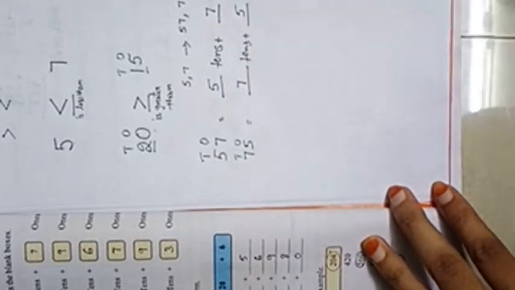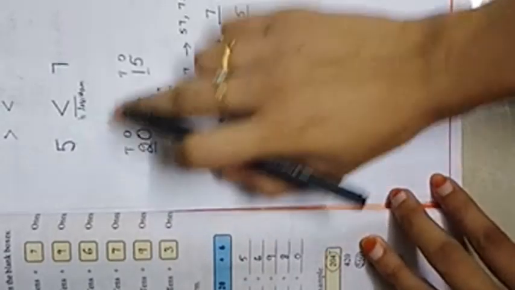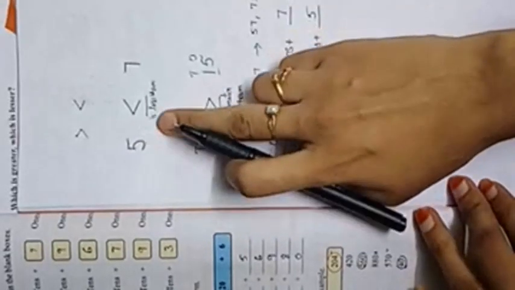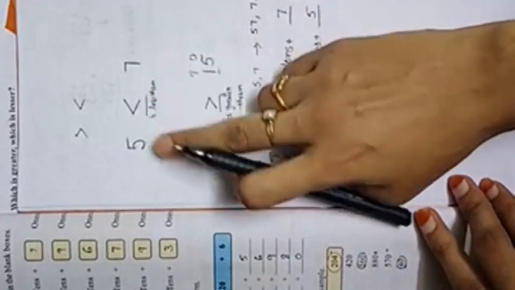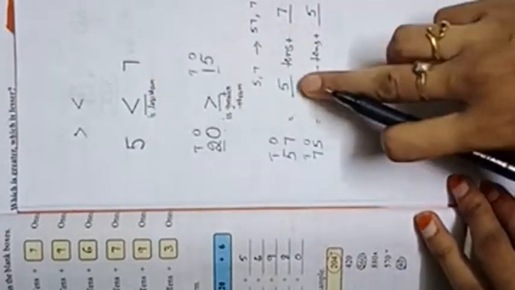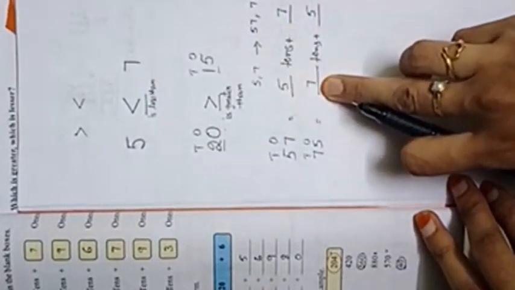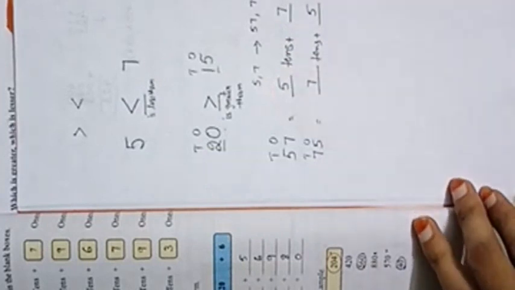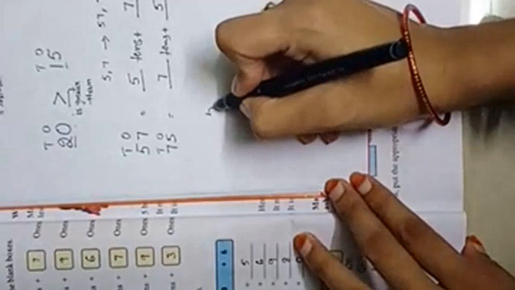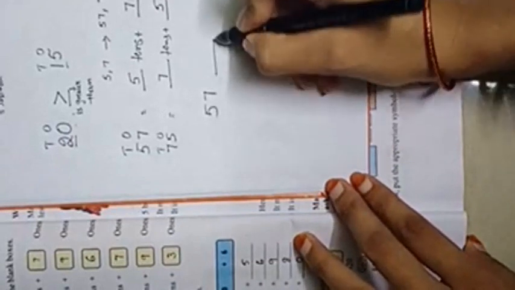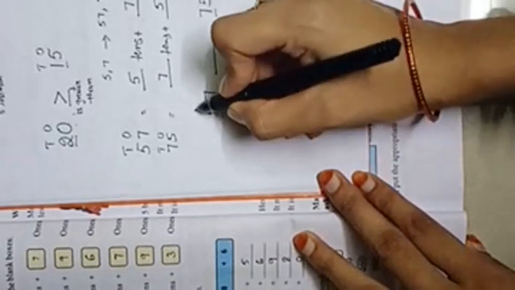Just now I explained this, look at this example. 5 is less than 7. So observe the tens place numbers carefully. Here I am writing 57 and 75.